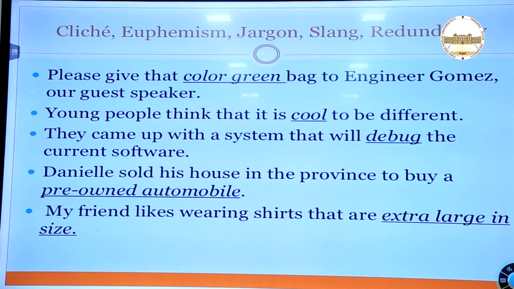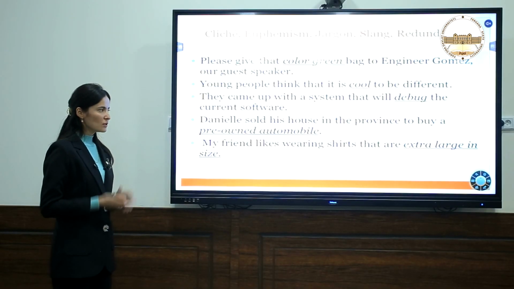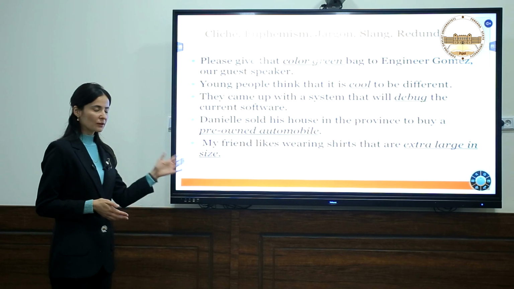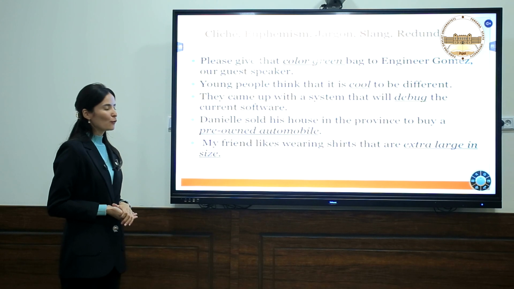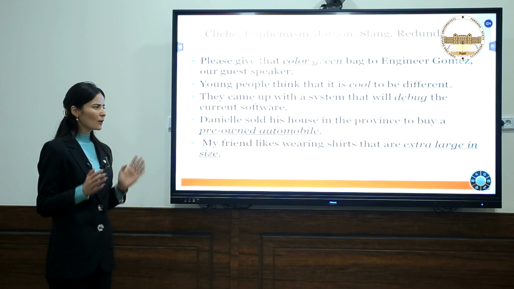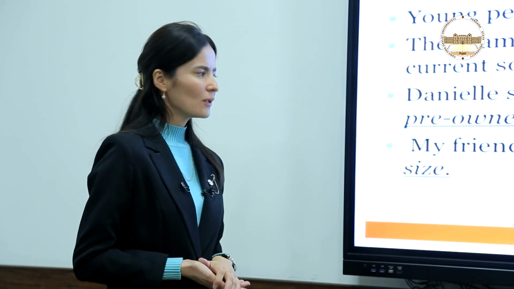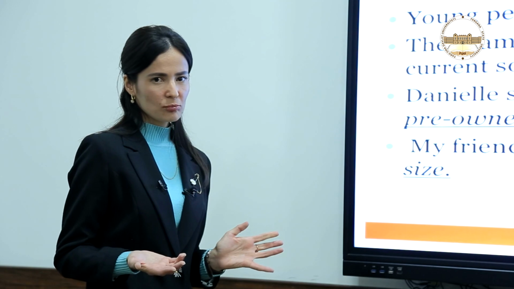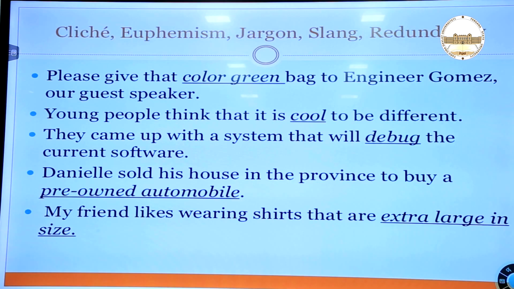"My friend likes wearing shirts that are extra large in size." Yes, "extra large in size" is the underlined phrase, and this is wordiness. Instead, we can say my friend likes wearing shirts that are large, that are big for her.